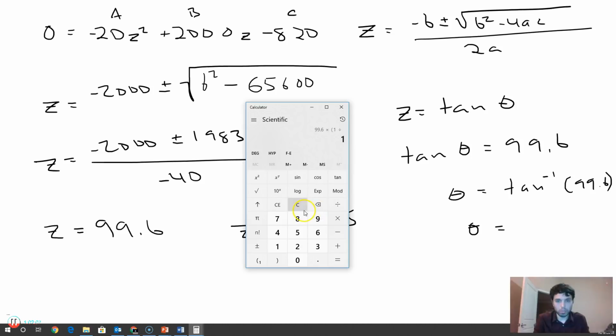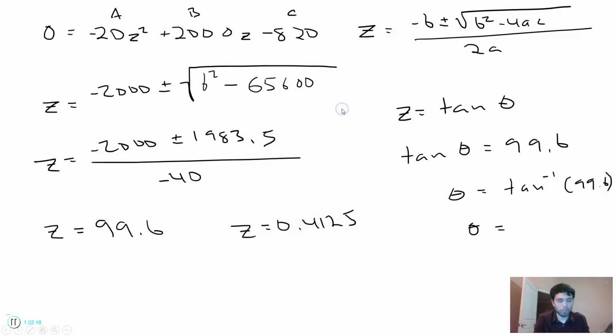I don't know how I'm supposed to punch this in. It's so weird. Am I in degree mode? I can't even tell. Screw this calculator. It's a piece of crap. I'm gonna do it on here. You do it on your calculator. I think the phone has this function. I can't deal with it right now.